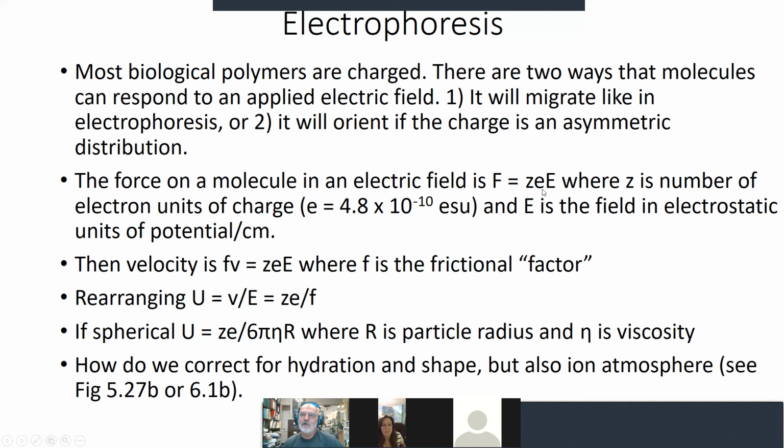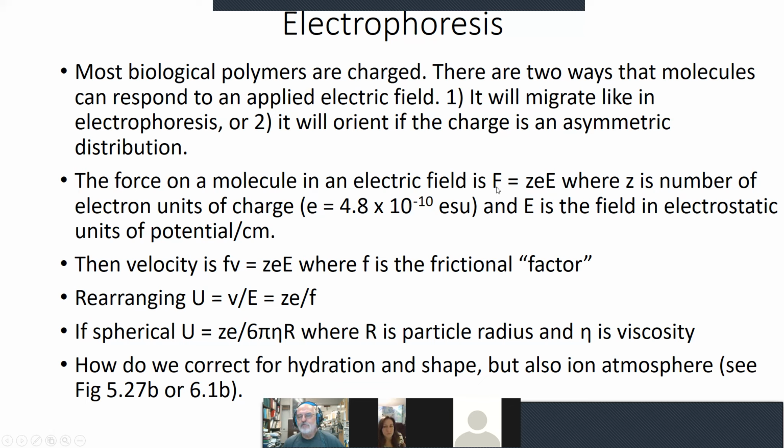It depends upon the magnitude of e, which is just the magnitude of an electron in electron units, basically. And then E, big E, is the field in electrostatic units of potential per centimeter, so the magnitude of the field.